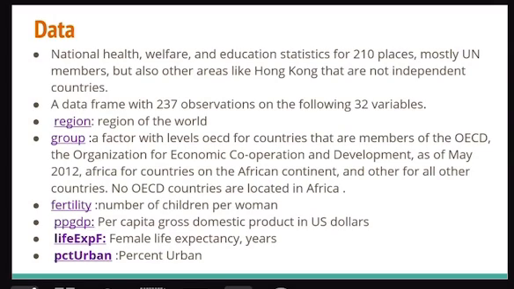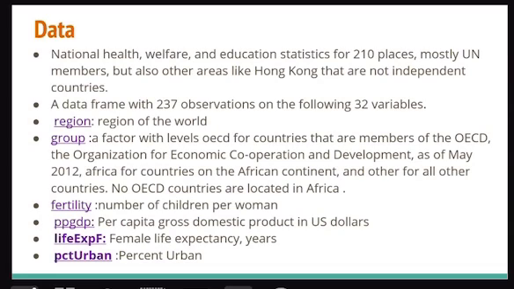And of course, fertility, the number of children per woman, ppgdp, per capita gross domestic product, the female life expectancy in years, and of course the percentage of urban. Okay, but we have a lot of data here. Now it depends on what we want to work on.